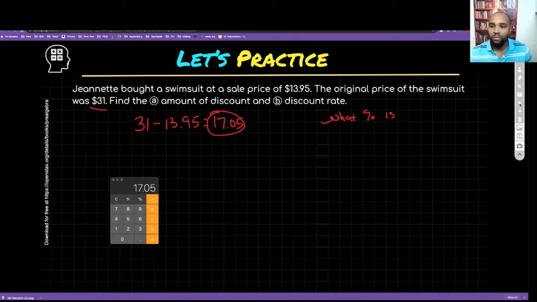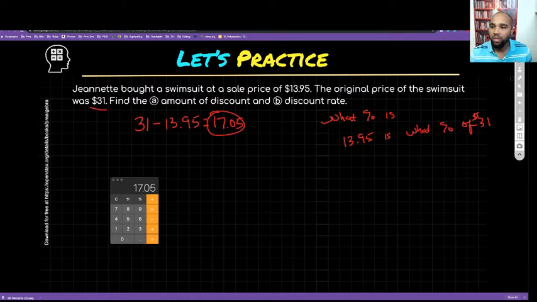I don't want to erase all that. Let's say it this way: $13.95 is what percent of $31? That'll be easier. When I write it this way, it helps me think about it as an equation.